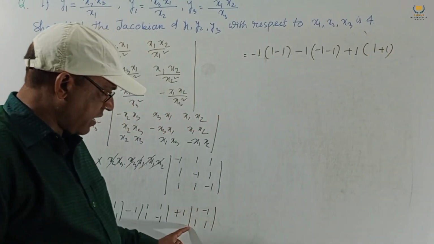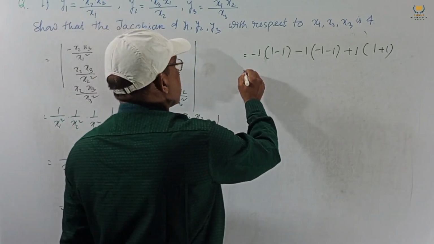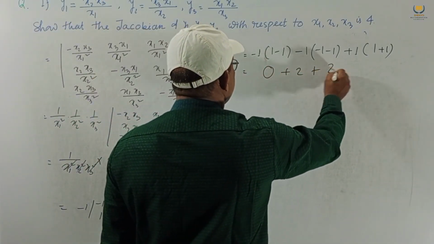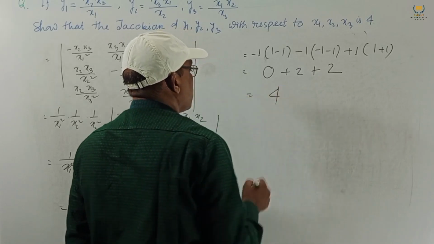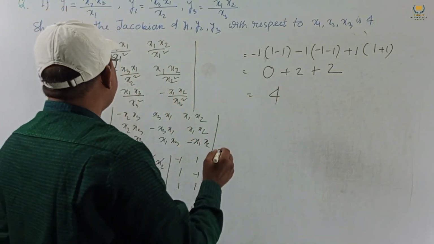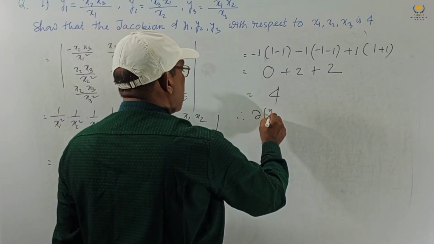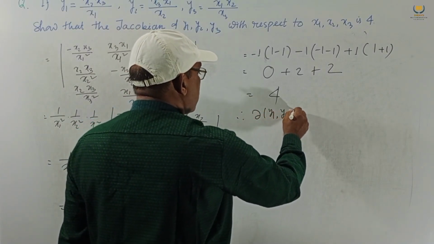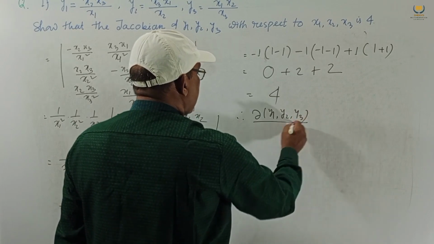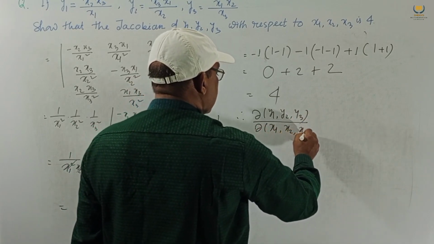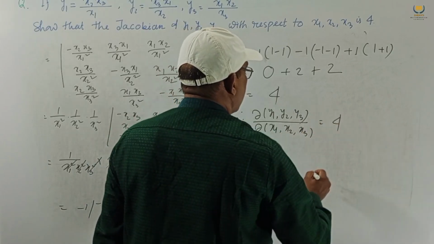This into this minus this into this. So we get this is 0, this is 2, this is 2 and this one is 4. So finally we get therefore del y1, y2, y3 by del x1, x2, x3 is equal to 4.